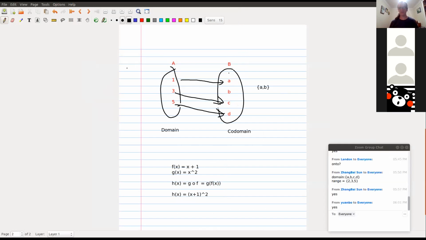Not everything on the other side has to have a value, but every element here maps to something, and everything it maps to is unique. You only get the same output if the same input is put in. This is a finite set, but the same thing carries over to infinite sets, which is more what you're interested in with numbers. We're usually talking about real-valued functions.